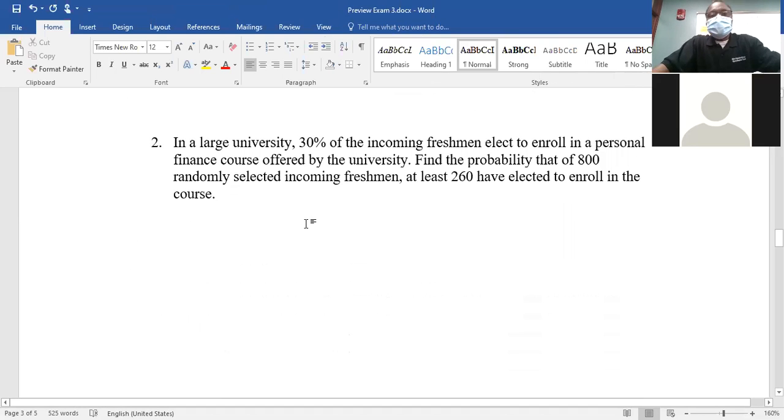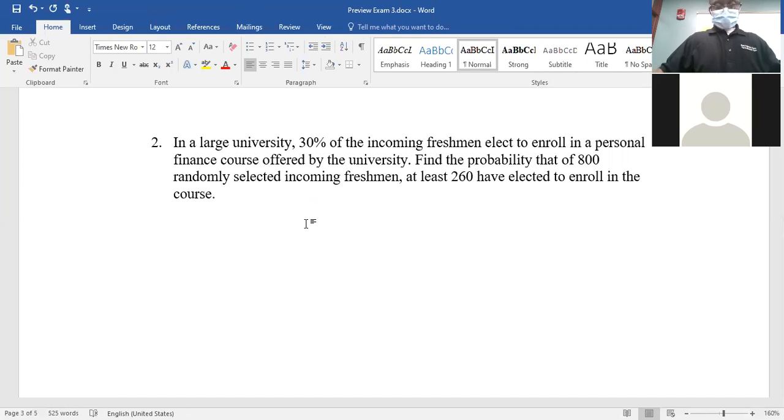In a large university, 30% of the incoming freshmen elect to enroll in a personal finance course offered by the university. Find the probability that of 800 randomly selected incoming freshmen, at least 260 have selected to enroll in the course. So this is the normal approximation.